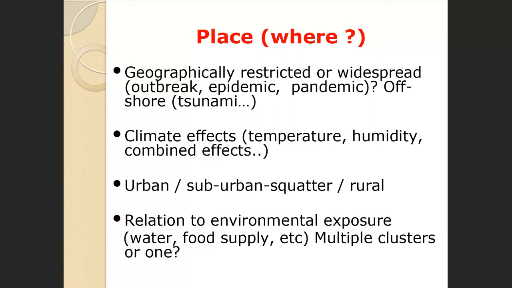Also, is this common in urban or rural regions? For example, you may find published papers that obesity is much higher in people who live in urban areas compared to rural areas. And in relation to environmental exposure, for example water, food supply, etc.